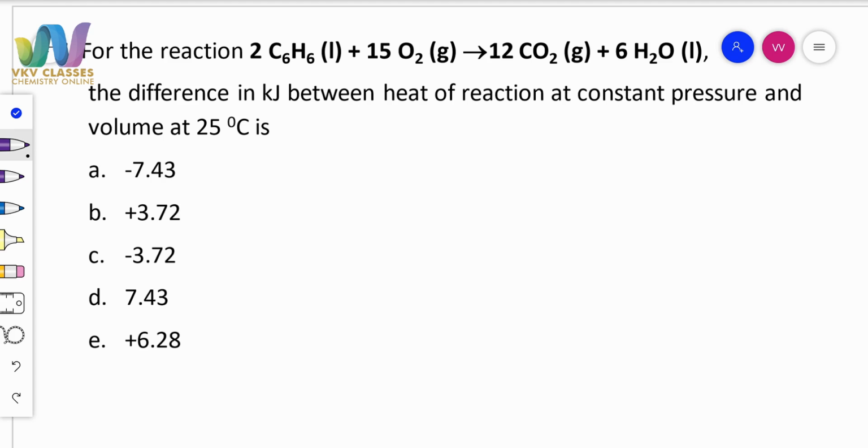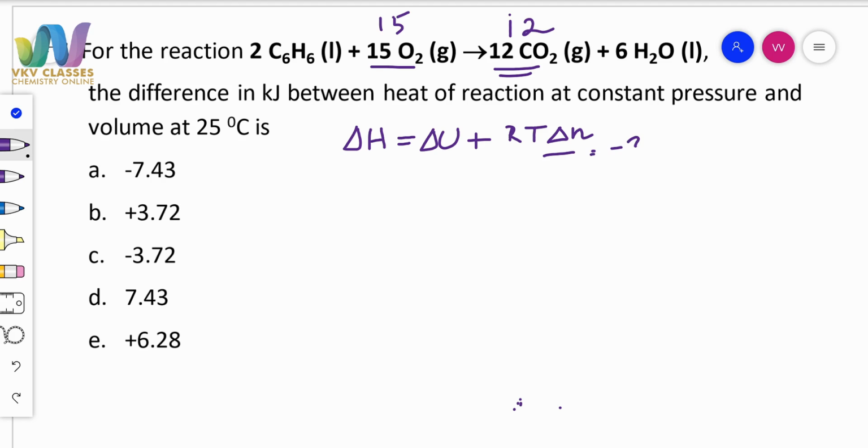Heat of reaction at constant pressure is known as delta H, and heat of reaction at constant volume is delta U, and the two are related by the expression delta H is equal to delta U plus RT delta N. Delta N is the number of gaseous products minus the number of gaseous reactants. Here gaseous product is 12, gaseous reactant is 15, so delta N is equal to minus 3. And you are asked to find out the difference between delta H and delta U.